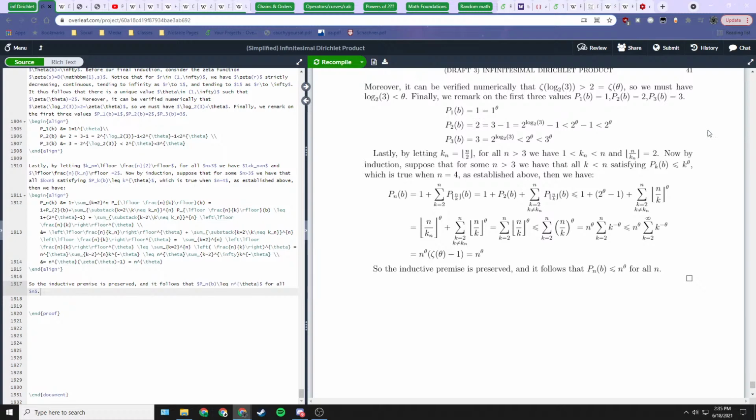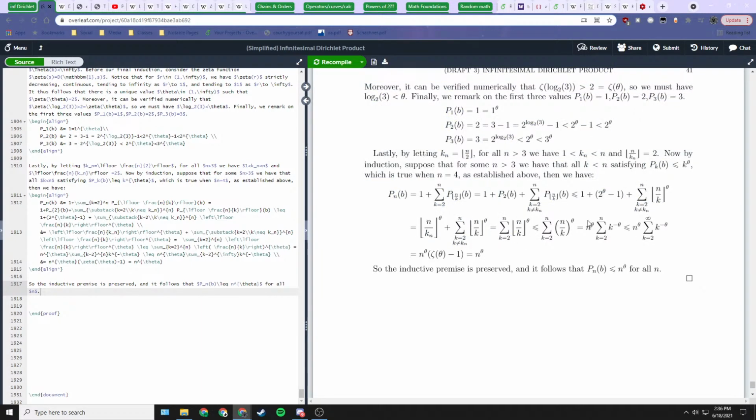Use the fact that P sub 2 of B is strictly less than 2 power theta minus 1, and also that 2 power theta minus 1 is just this. So do the inductive definition, pull out this k sub n term, do our inequalities, these ones cancel out, this 2 power theta turns back into this floor, which can then be put back into the sum, like this.